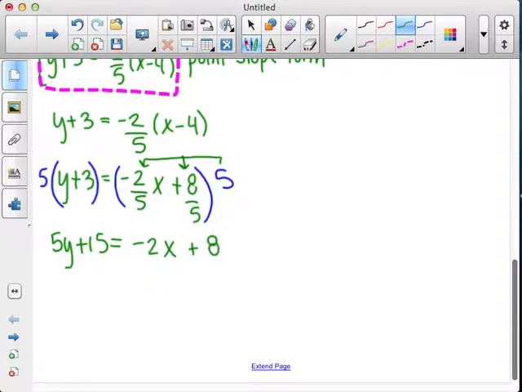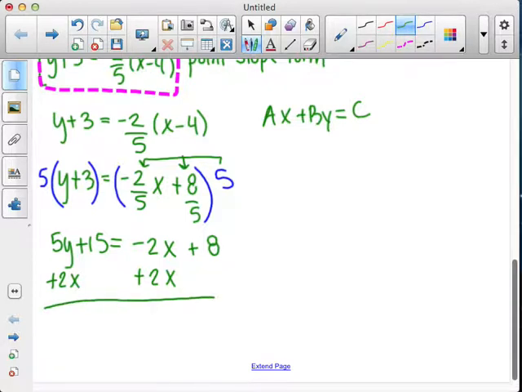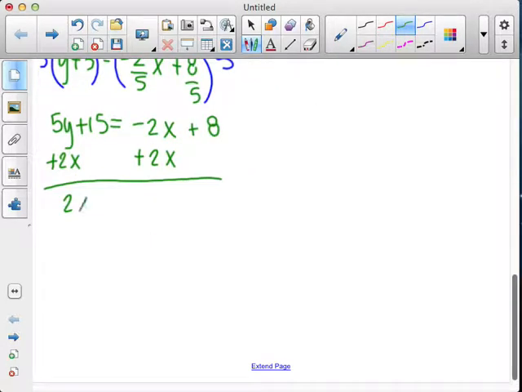Awesome, no fractions. Now in standard form, remember we need, let me write this over here, ax plus by equals c. We need ax plus by to be on the left side and the c, the integer, the constant, all by itself on the right. So I'm going to add 2x. So now I have 2x plus 5y plus 15 equals 8.